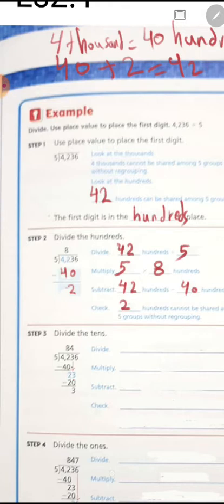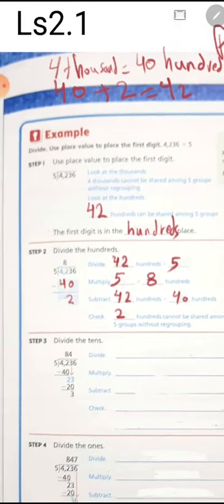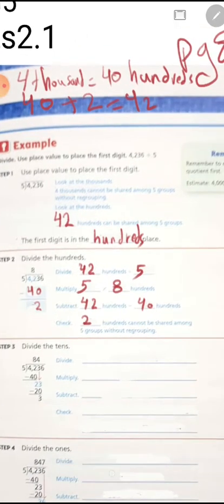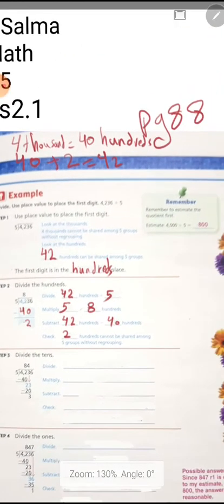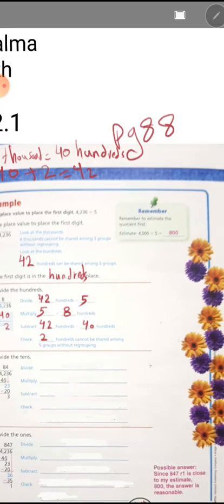I will take the 3 from the tens digit and put it next to the 2 hundredths. So the number will be in the tens. And why? Because as we learned, when I have 2 hundredths, if I want to move to the tens, I have to multiply it by 10.